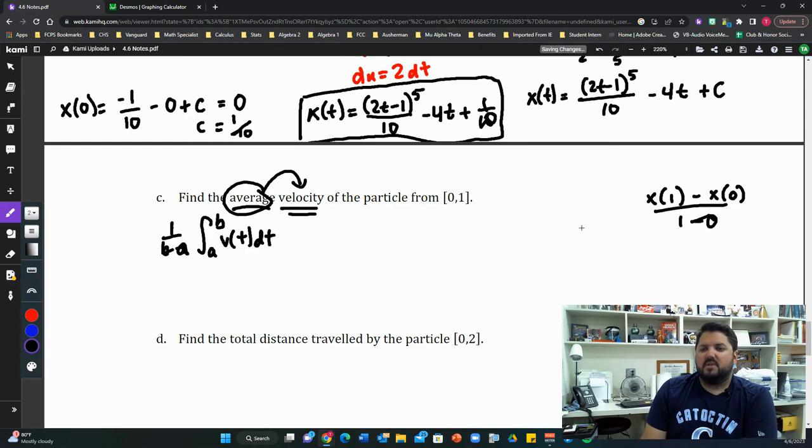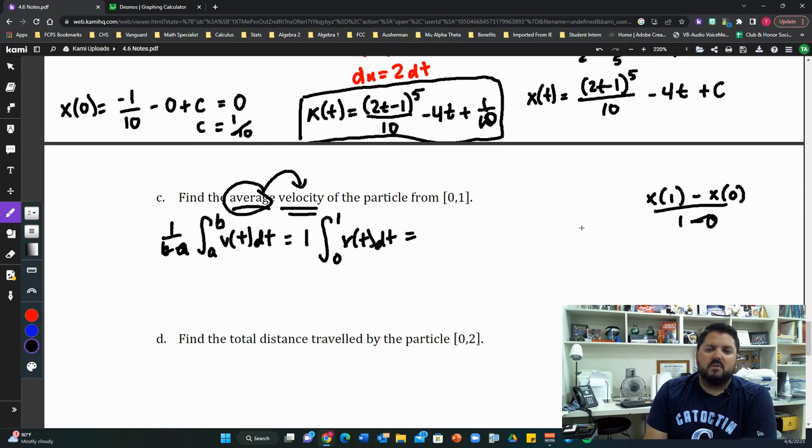You're going to see we eventually end up with this anyways, because if I set this integral up, we get 1 over b minus a, so that's actually just 1 in front. We can write it, but it's not actually going to change the value of the integral of v of t dt. Well, I can actually do this all with the name of the function because we already have the equation of x of t.